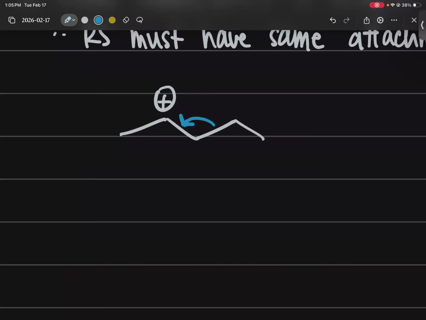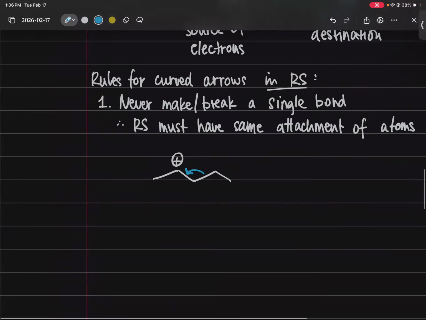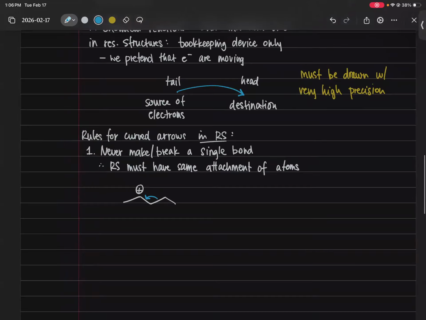The arrow is starting at this carbon-carbon bond and is ending at this carbon-carbon bond. And the arrow isn't starting at an atom, it's starting at a bond, and it's ending at a bond rather than an atom. There are a couple different places that arrows can start and end. But hopefully I've drawn this precisely enough so that you can see unequivocally that we're starting at that bond and ending at that other bond.